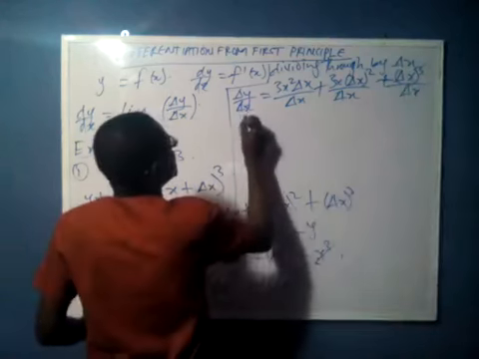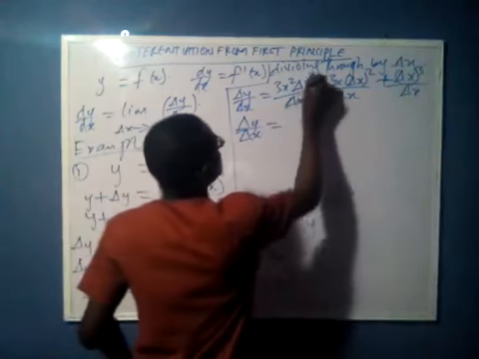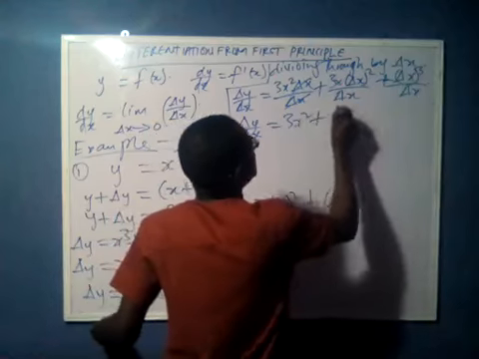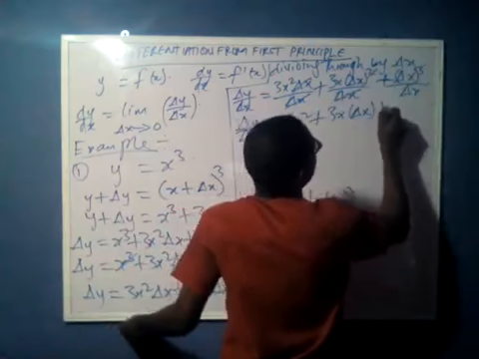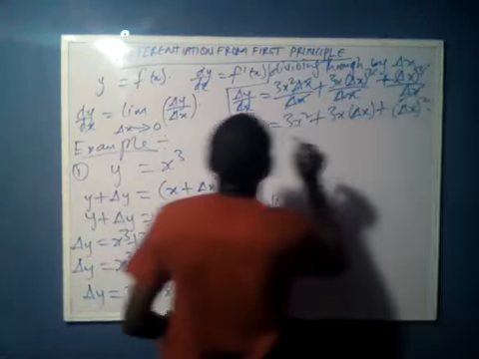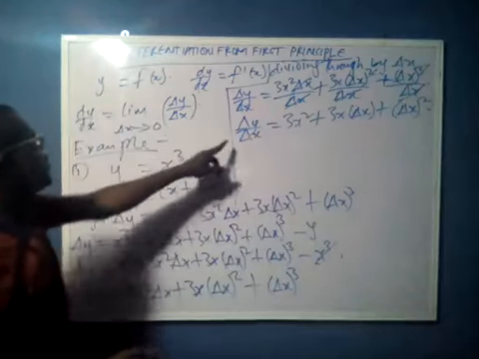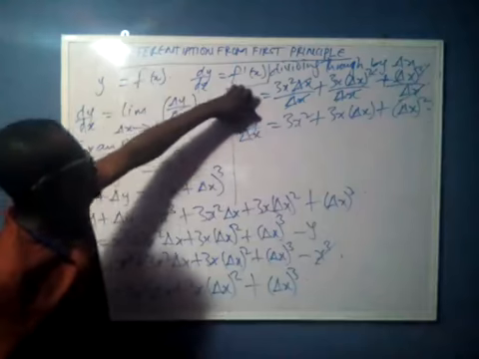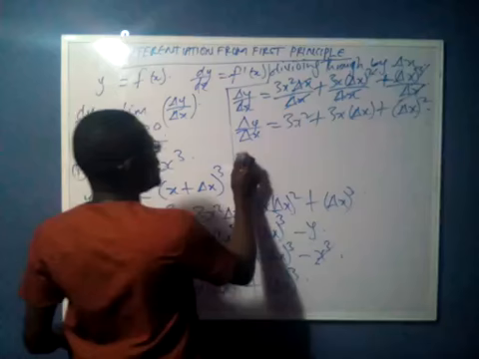So we have delta y over delta x equal to 3x squared plus 3x delta x plus delta x all squared. Now we have successfully gotten an expression for delta y over delta x, so we can find dy/dx now.